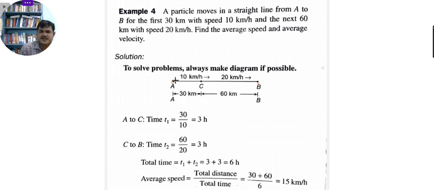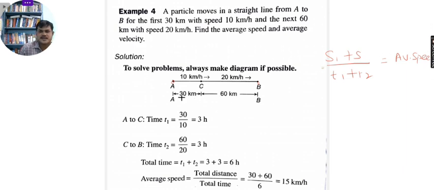For the first 30 km the constant speed is 10 km per hour, and for the next 60 km the constant speed is 20 km per hour. I know very well how to solve this sum, it is very simple. To find the average speed, we know the formula: total distance traveled by the particle divided by total time taken. Clear? This is average speed.